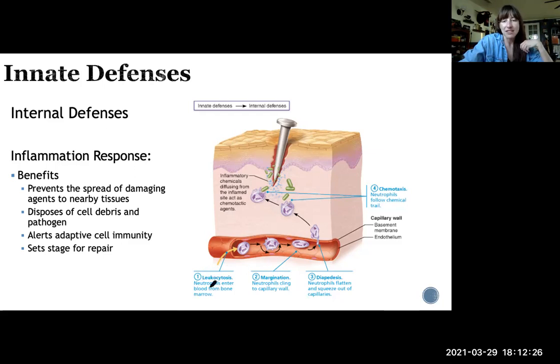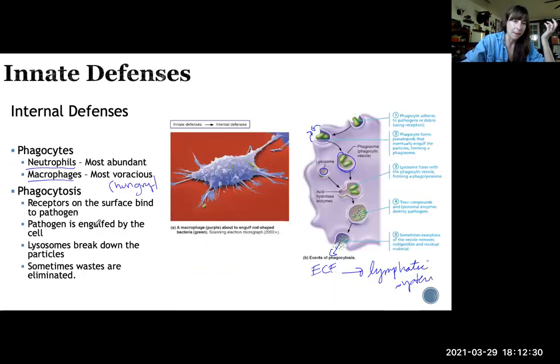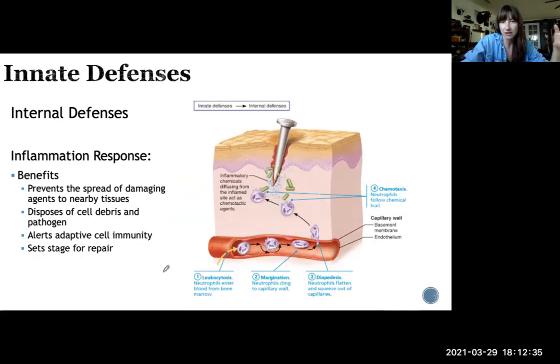Then that means that the leukocytes, the white blood cells that we talked about, well, we didn't really talk about leukocytes yet, but they're immune cells that are flowing through the bloodstream. They are going to end up being able to squeeze through those little gaps in the wall of the blood vessel. They will reach the site of the injury, and then they're going to basically do their thing.